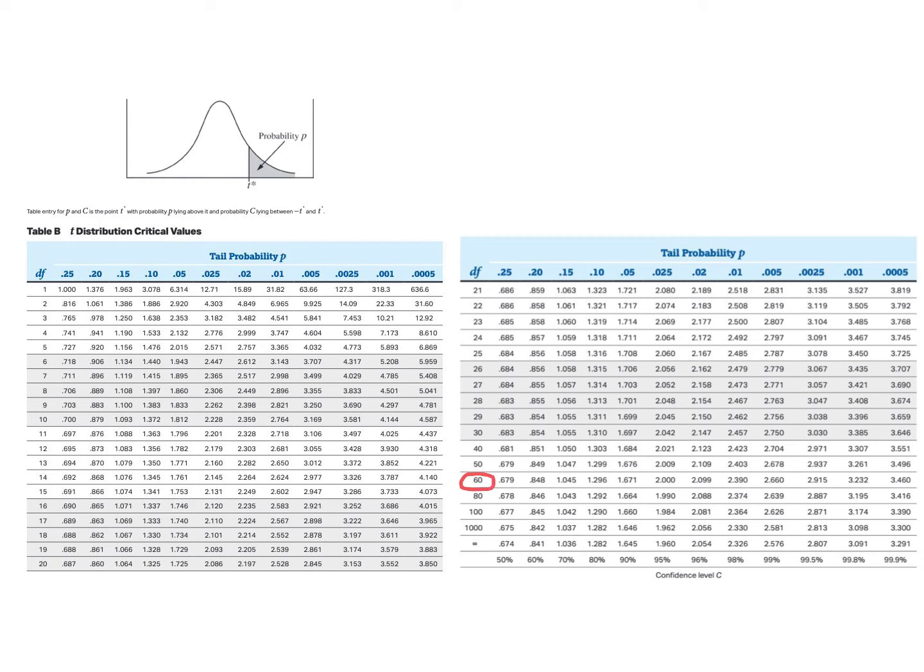So you're going to round down, you're going to use 60. And what this will do is it'll give you a margin of error that's a little bit bigger than if we use the technology. So we'll expect our T-star to be a little bit bigger this way, but we're going to do 60 degrees of freedom and a 99% confidence interval.